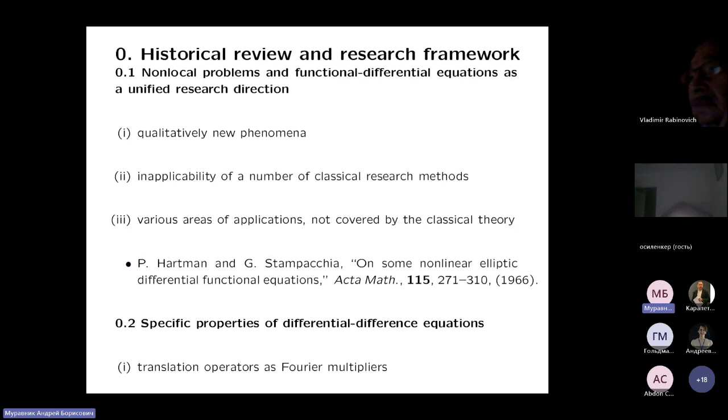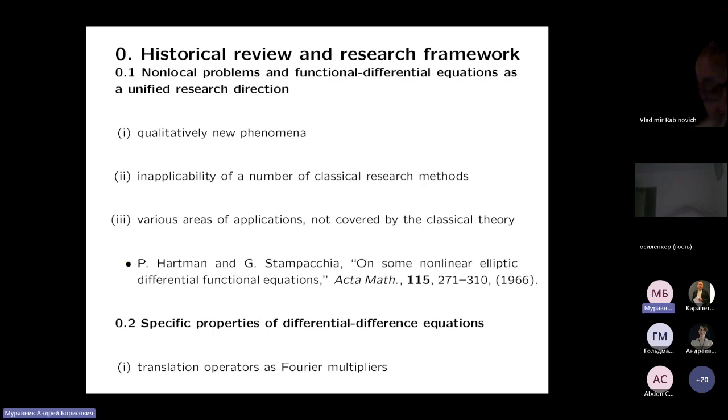Second, we see that a number of classical research methods that work in the theory of differential equations very well turn out to be inapplicable in the case of functional differential equations. And finally, there are many areas of applications not covered by the classical theory of differential equations, but functional differential equations turn out to be quite useful for those applications.